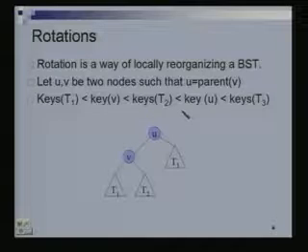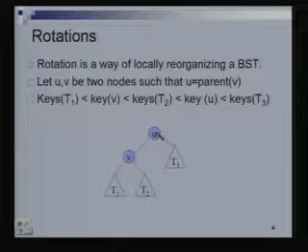Okay, so let us first understand what a rotation is. In the previous slide I used this term rotation. What does rotation mean? A rotation is a way of locally reorganizing a binary search tree. So this is part of my binary search tree. This could be a huge tree, I just consider a part of it.